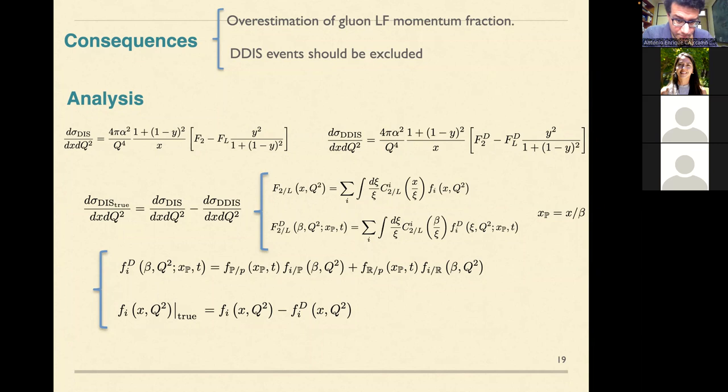We are assuming the evolution is the same for deep inelastic or for diffractive deep inelastic. In the case of diffractive deep inelastic, you have the Pomeron and Reggeon, etc., and you have to subtract those. So it's not very difficult.